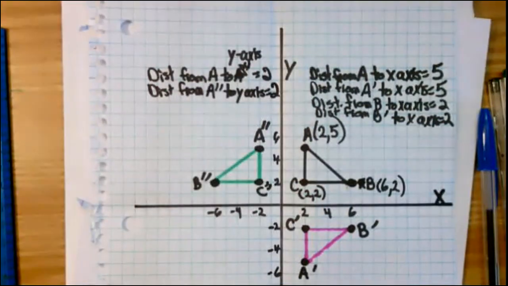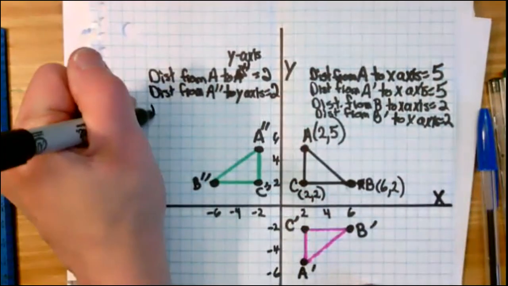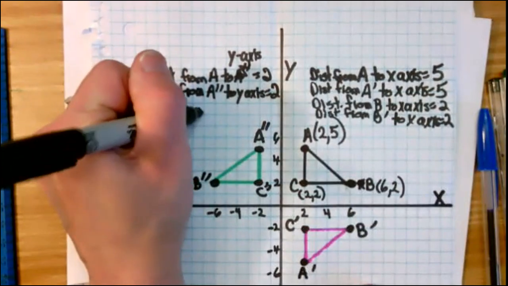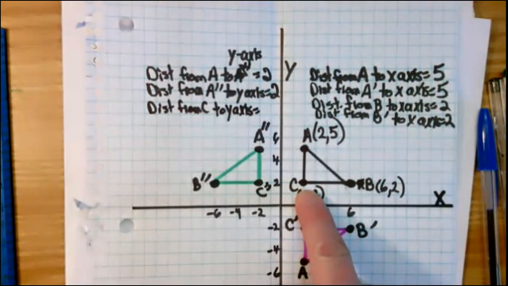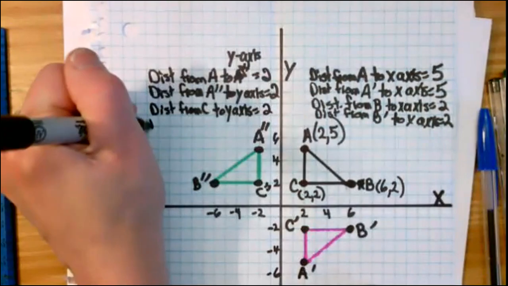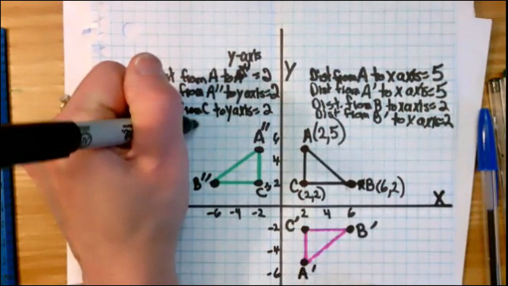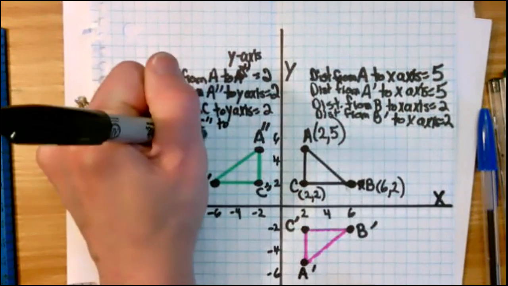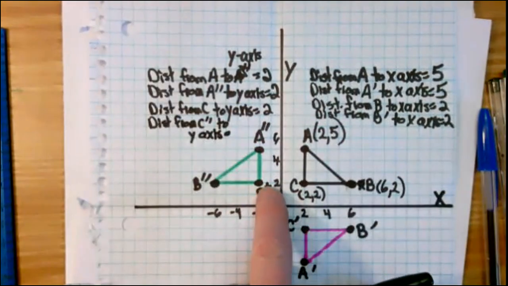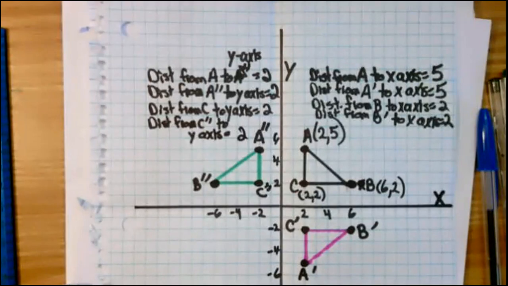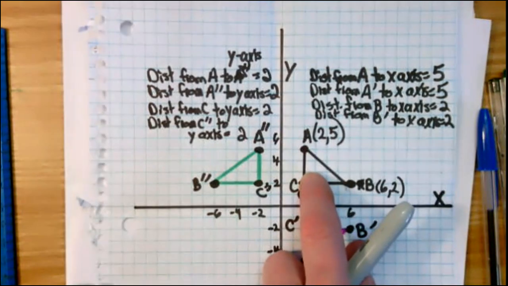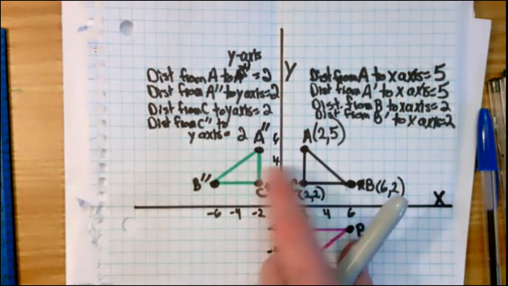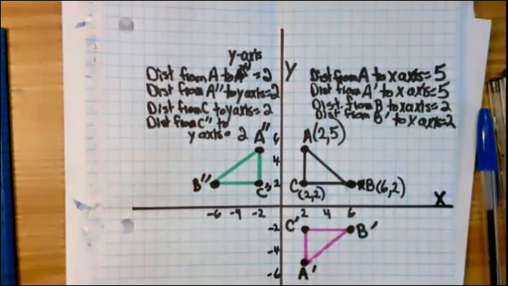Doesn't matter if it's on the other side, just count the units. Let's do C. The distance from C to y-axis, how many units? 2. And the distance from C double prime to y-axis equals 1, 2. Also 2. Okay? So a reflection has the same distance from the line of reflection as the image. So the pre-image and the image have the same distance.